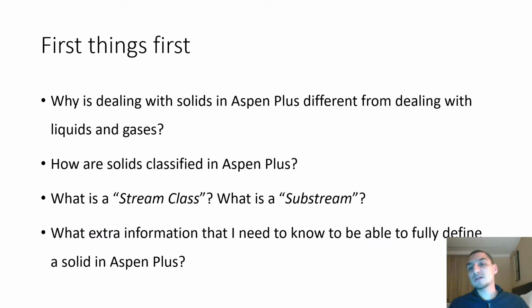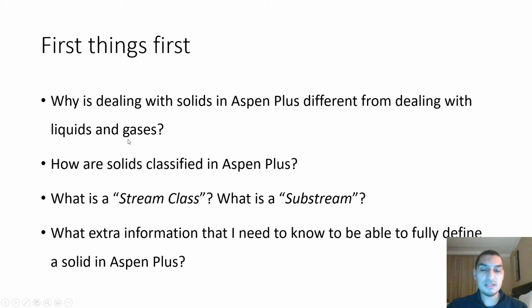So let's go for the first things first, which is the main things that we need to keep in mind while working with solids in Aspen Plus. And I tried my best to group all the concepts that I want to discuss in these four questions. The first is why is dealing with solids in Aspen Plus different from dealing with liquids and gases.